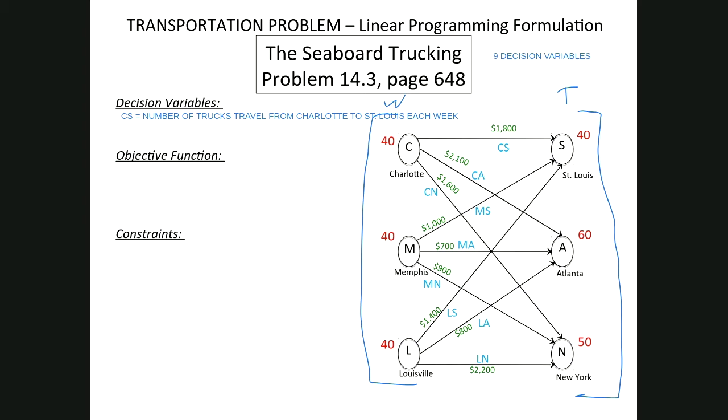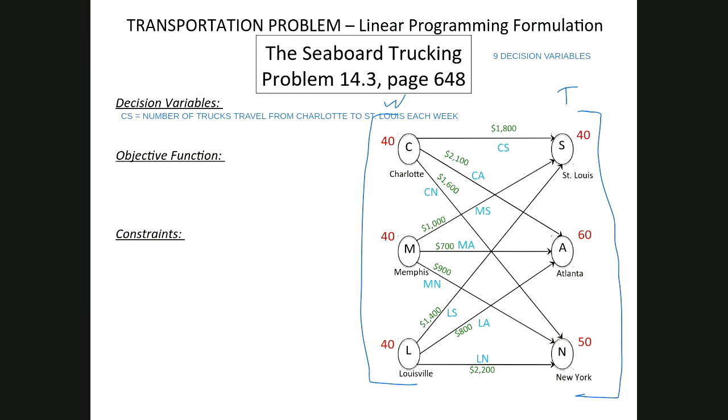So now for your objective function, how are we going to determine it? Let's think about this decision variable CS. CS stands for a number.